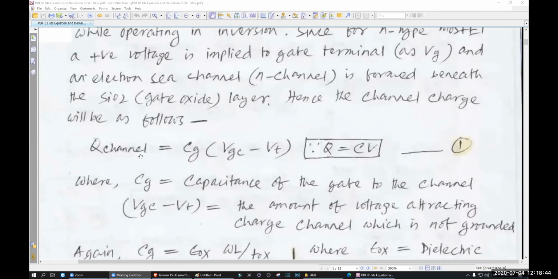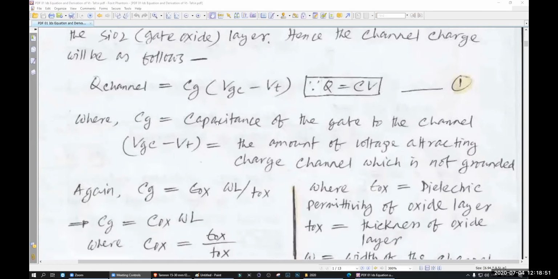So Q channel is equal to CG into VGC minus VT, where CG is the capacitance of the gate to the channel. VGC minus VT is the amount of voltage altering the channel charge. That means this is the available voltage after the capacitor is formed. So minus VT means this VT is already spent to make the capacitance. So VGC minus VT is the available voltage.